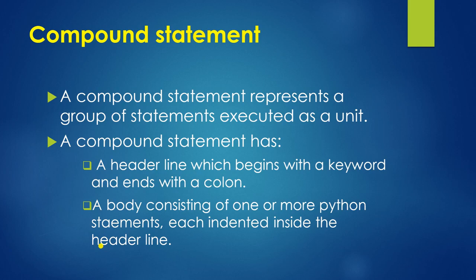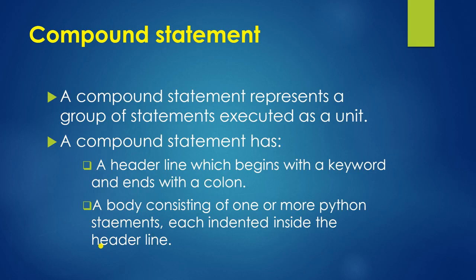Next is your compound statement. A compound statement represents a group of statements executed as a unit. It has a header line which begins with a keyword and ends with a colon. Next, it has a body consisting of one or more Python statements, each indented inside the header line.